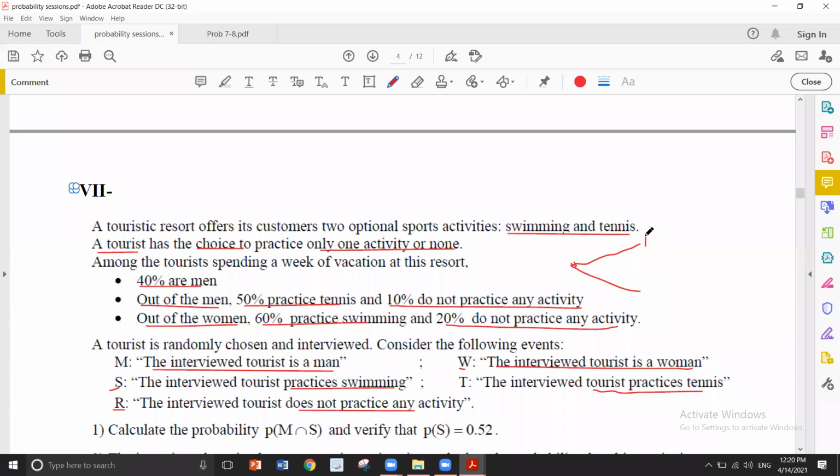The man is denoted by M, the woman is denoted by W. How much is the percentage of men? 40%, 0.4. Woman, 60%, 0.6.